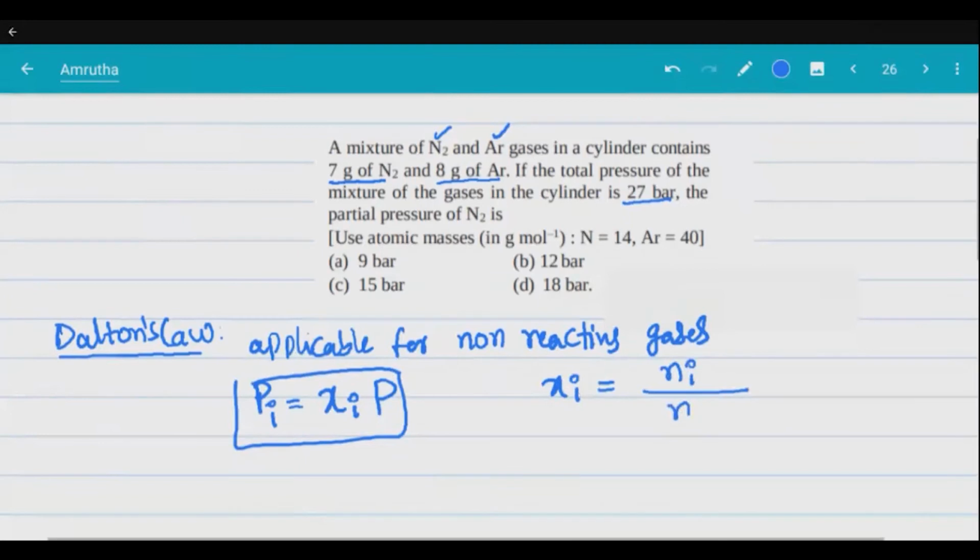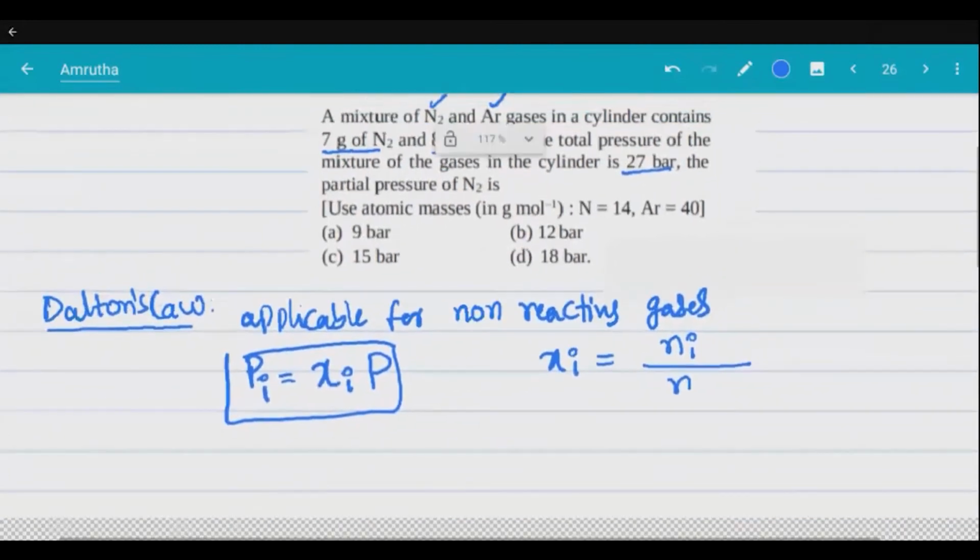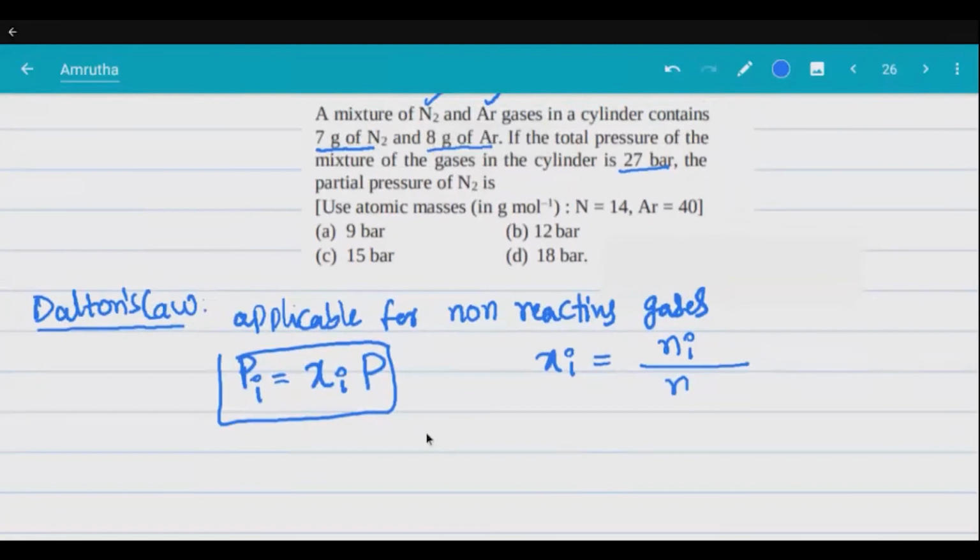So what you can do is, here nitrogen mass is given, and they are asking the partial pressure of nitrogen, right? So the number of moles of nitrogen is how much? How many moles of nitrogen are there? 7 grams, mass by molar mass. What is the molar mass here? Nitrogen means N2 we should take. N is 14, so N2 is 28. So it is 7 by 28, which is 1 by 4.